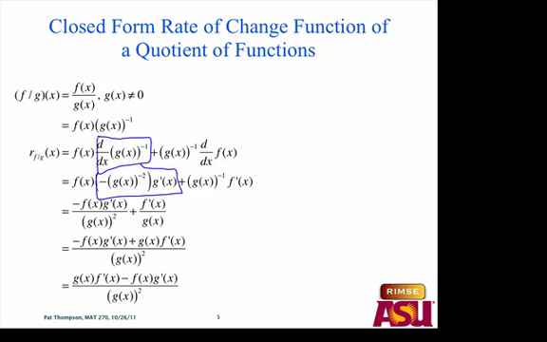Okay, it's the denominator times the rate of change of the numerator minus the numerator times the rate of change of the denominator over the denominator squared, which came from the product rule of our equivalent function here. Again, this is just working with fractions and algebra to get there.